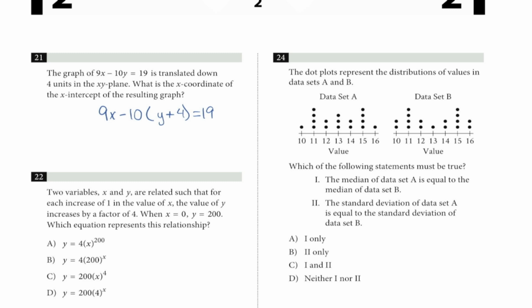And we're trying to find the x-coordinate of the x-intercept. So if they say x-intercept, they want to know when y equals 0. So that means I'm now going to solve this equation, but wherever I see y, I'm going to replace it with 0. And I'm going to solve for x.